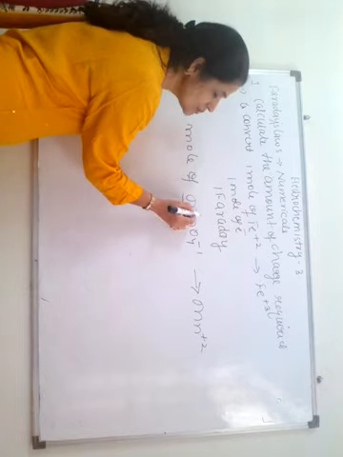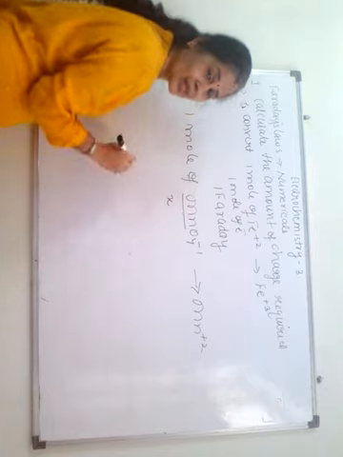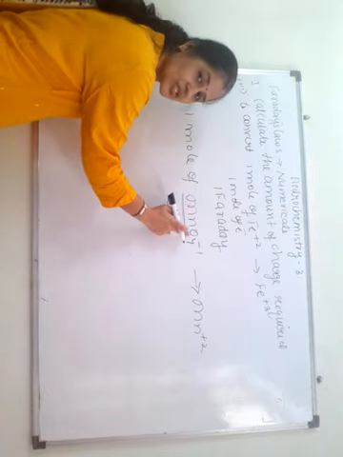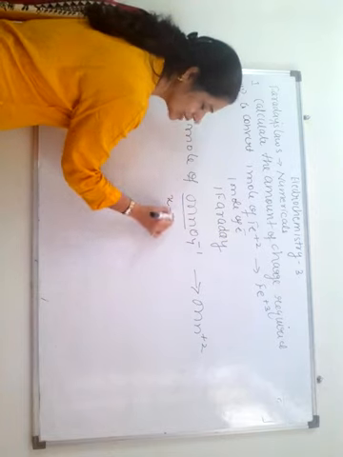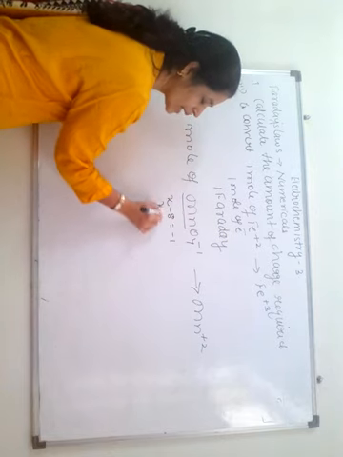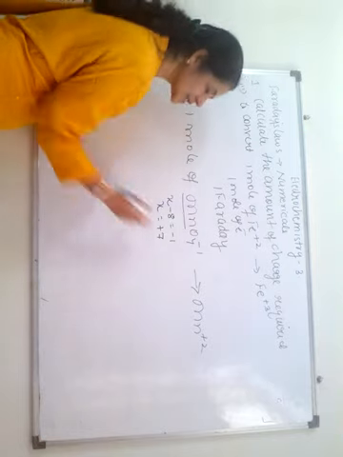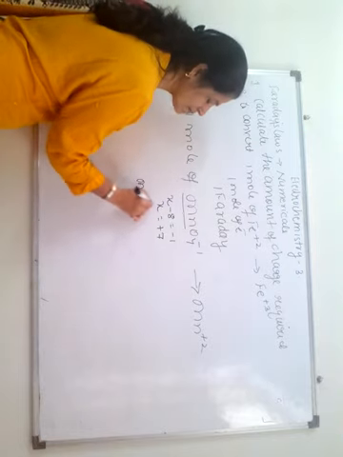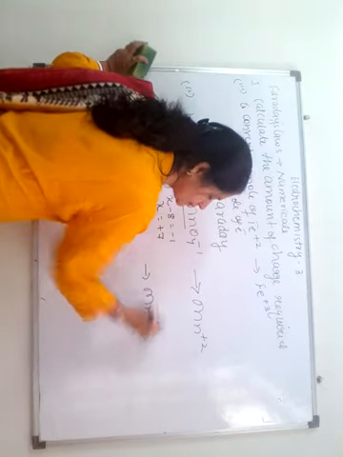Here, if you assume the oxidation number is X, oxidation number of oxygen is minus 2. So minus 2 into 4 minus 8 is equal to minus 1 and X is plus 7. So actually here we are converting Mn plus 7 to Mn plus 2.